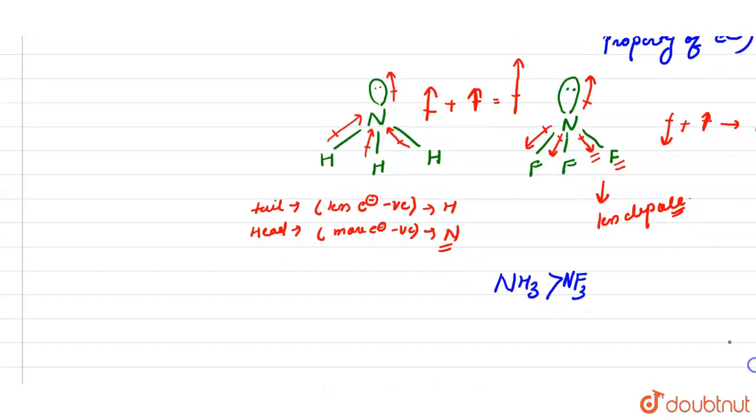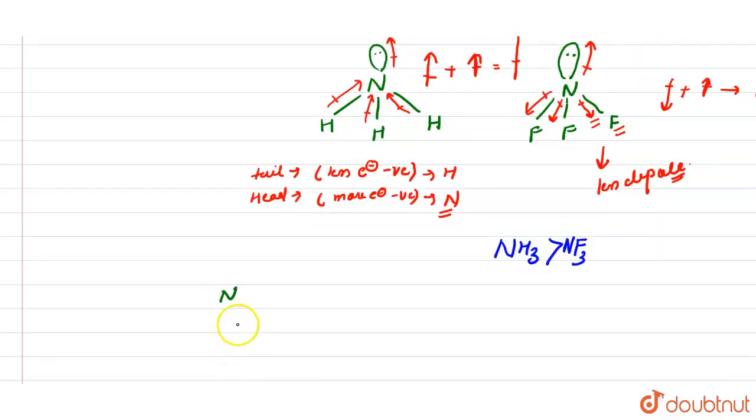Why? If we see the structure of NF3, both nitrogen and fluorine do not have a d orbital.